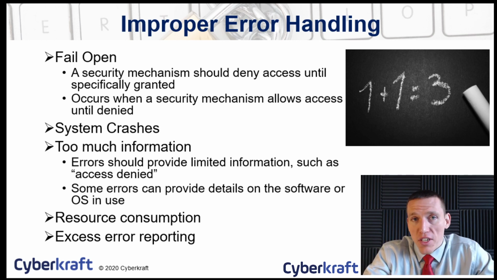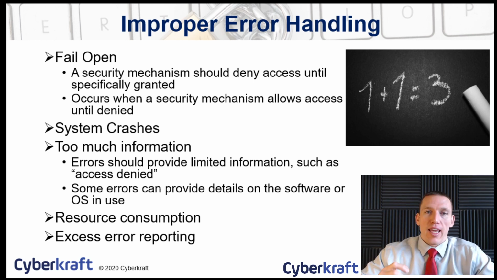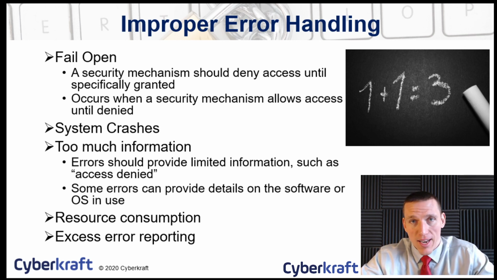When a system crashes, or an application crashes, or a website crashes, the error code that's displayed should have very limited information. Okay, it should just say maybe access denied. It shouldn't provide any additional information other than that.